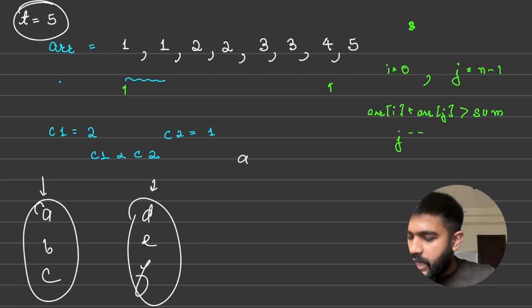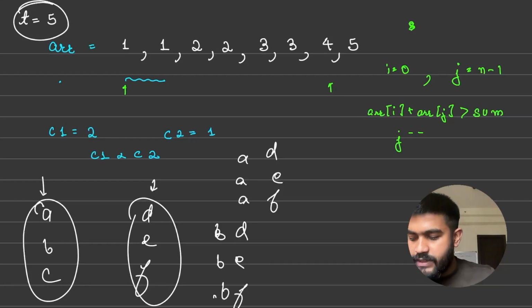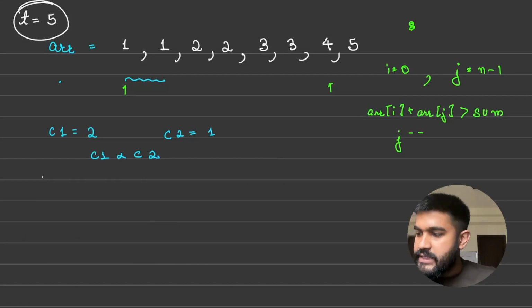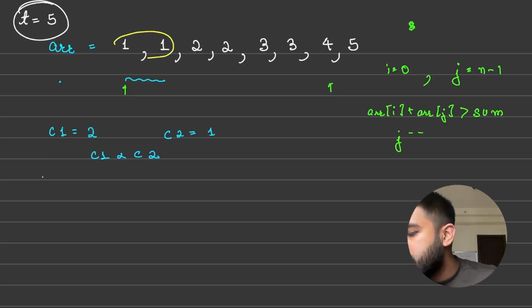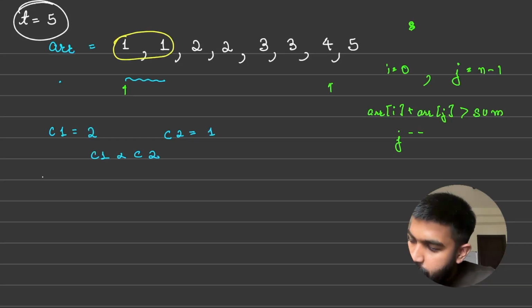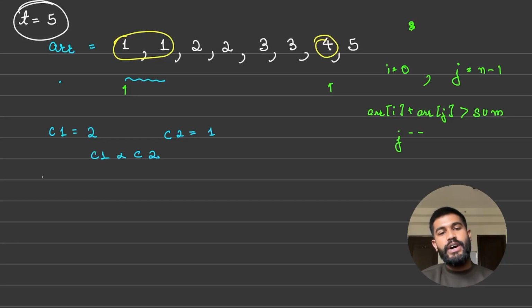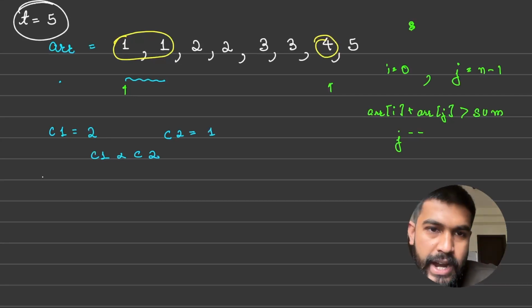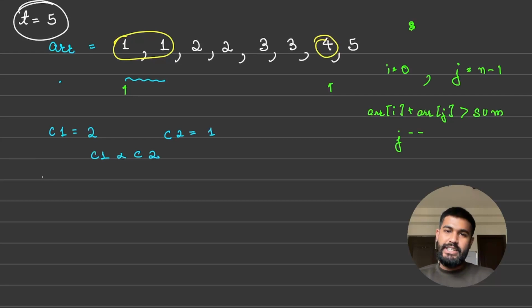That is A D, A E, A F, then B D, B E, and B F. Same goes for C D, C E, and C F. So the idea is that we need to select one element from this team and one element from this team. That is why we count the number C1 and C2 and simply mix up one and one, and this is how we can say that.